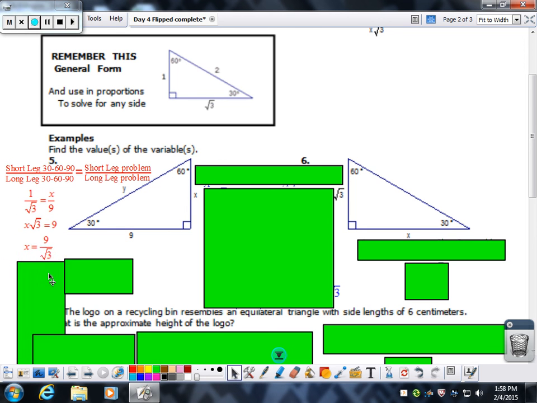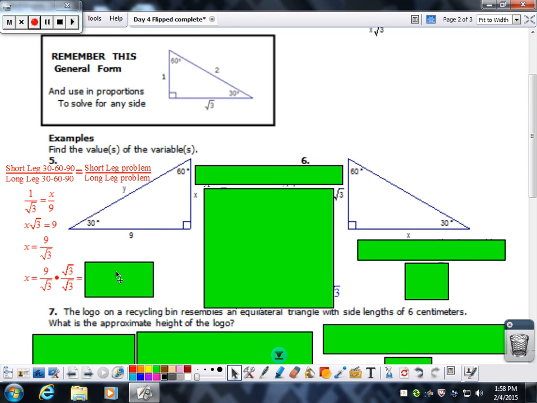We divide both sides by the square root of 3. Again, we can't have a radical in the denominator, so we multiply top and bottom by the square root of 3. We get 9 square roots 3 over 3. And 9 divided by 3 gives us 3, and we still have the square root of 3 left over. So x is equal to 3 square root 3.